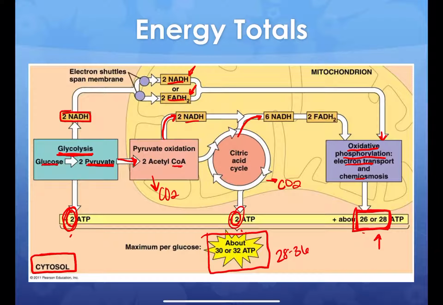But about 28 to 36, 30, 32, whatever number of ATPs are going to be produced total in cellular respiration per molecule of glucose. Okay, so cellular respiration is about 35 to 40% efficient as far as how much energy is actually available in glucose and how much energy is lost to heat.